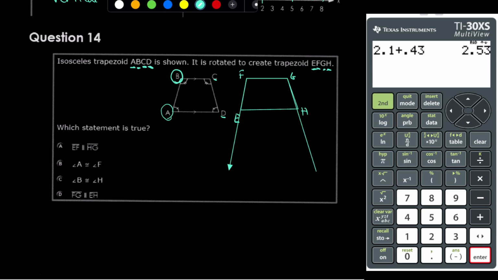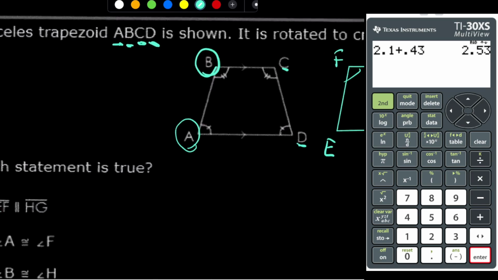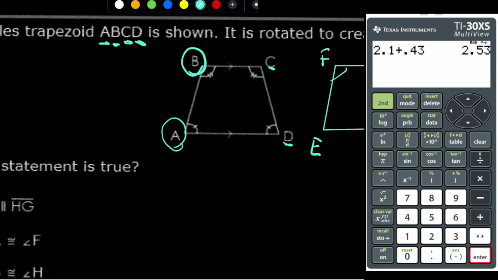Okay? So let's get rid of those. Cross that out. Angle A is congruent to angle F. So if you look on the original shape, I'm going to zoom in so you can see it better. This has one hash mark. This has one hash mark. That means that these two angles are congruent.